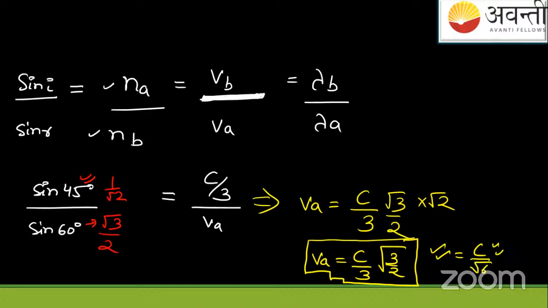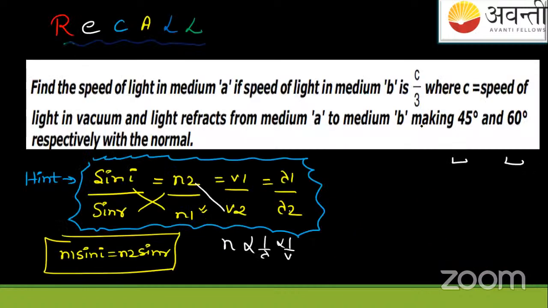Is this the answer? I think there is some mistake, or what? No, it's fine. Sine I will be for that A medium. Medium A has the 45 degree angle, so its velocity will go with the 60 degree angle and velocity B. If you put 45 degrees here, you have to put 60 degrees there.